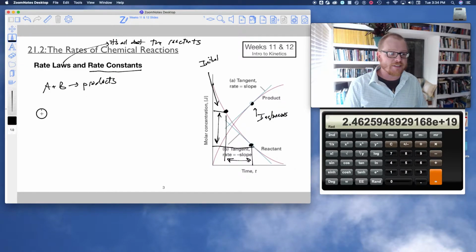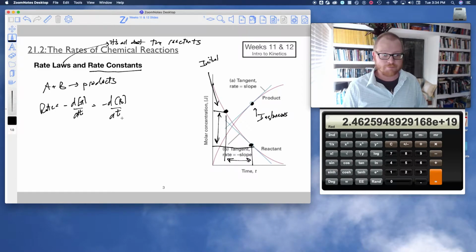So we could start by saying that rate equals negative d[A]/dt, which we recognize from the stoichiometry. B will have the same rate, okay? So that's all good. And so now the way I can make a rate law out of this, I'm just going to use the generic rate, knowing that I can either set this equation equal to negative d[A]/dt or negative d[B]/dt, because both are reactants.